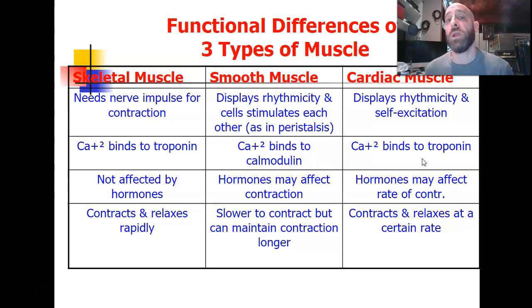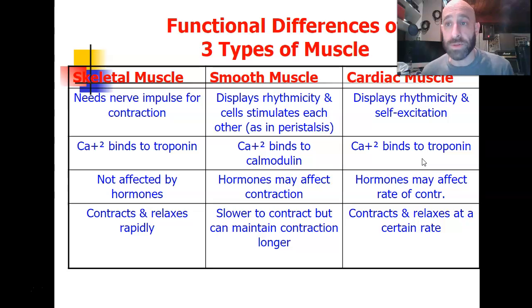There's no troponin in smooth muscle. It's a different protein called calmodulin. It does the same exact thing. It's attached to tropomyosin, and calcium attaches to it. And when calcium attaches to it, it pulls the tropomyosin out of the way, which causes the muscle to contract. I have never been able to find a good answer as to why smooth muscle has this different protein as opposed to troponin. Just need to know that it does.